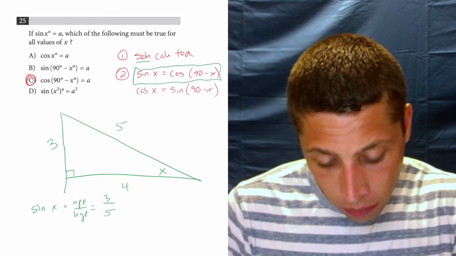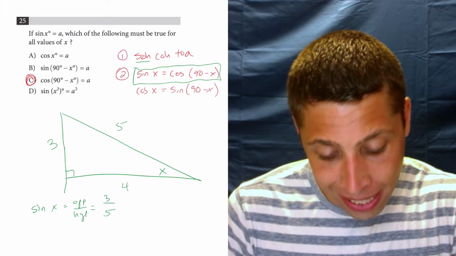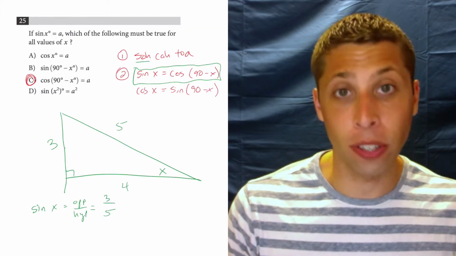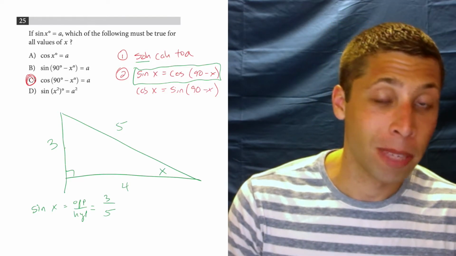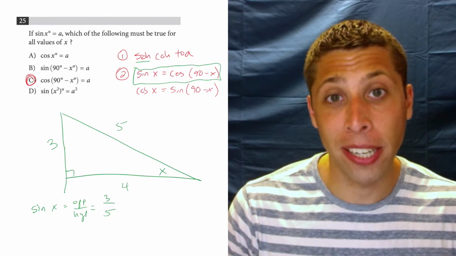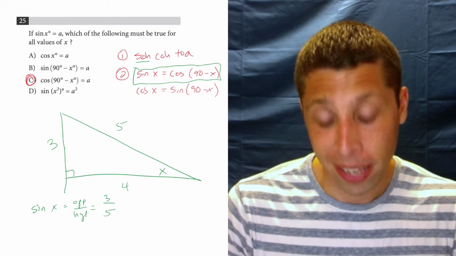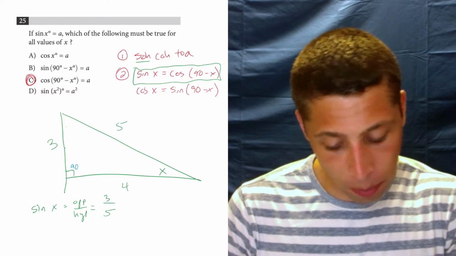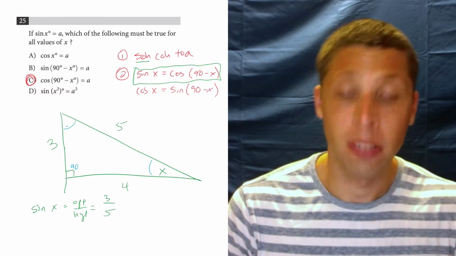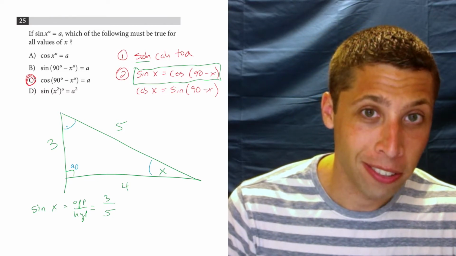Well, if I then had to think about cosine of 90 minus x, that's kind of weird because that angle doesn't appear on my triangle. But it kind of does. Because how many degrees are in a triangle? 180. And we've got 90 of them accounted for here. So that means that between these two angles, there's another 90 degrees.